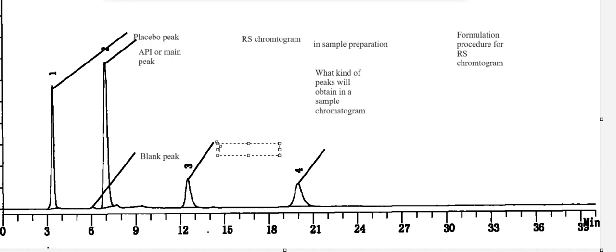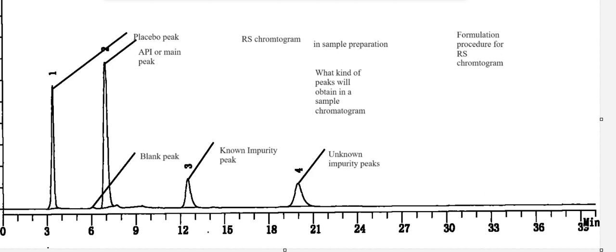This would be the known impurity peak and the unknown impurity peak. So totally 5 kinds of peaks we will get in an RS chromatogram.